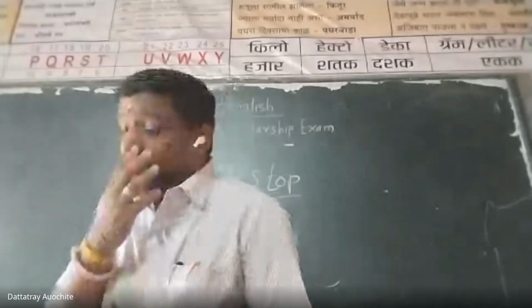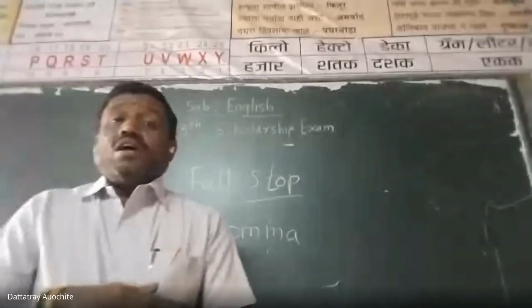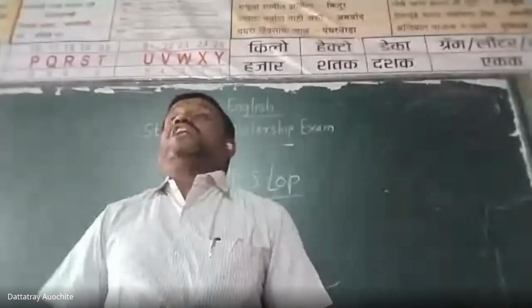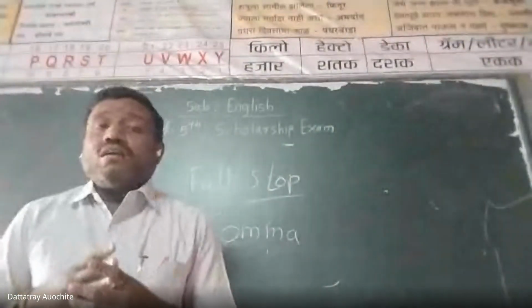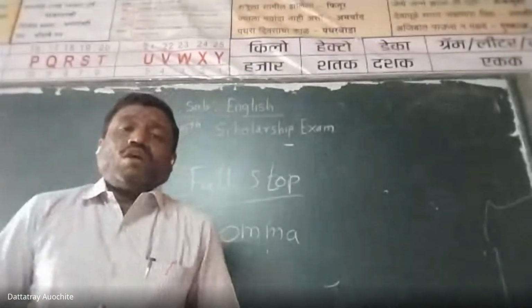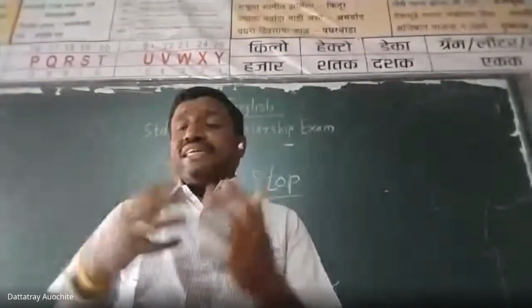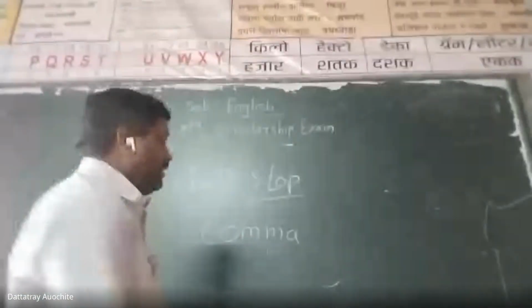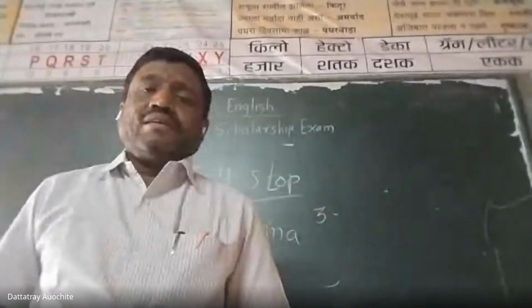So the first guideline is when we use words from the same category, or when we want to say some examples of something, and these examples are more than three.